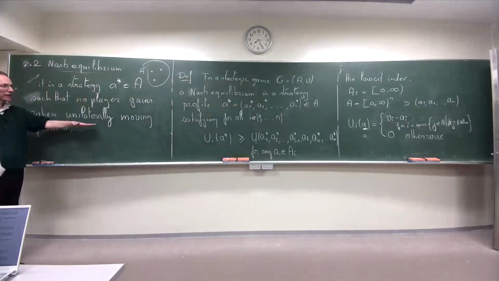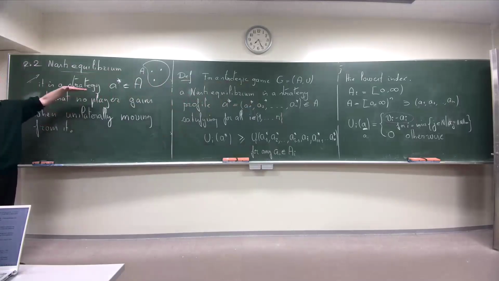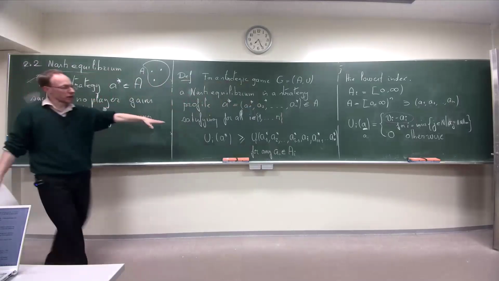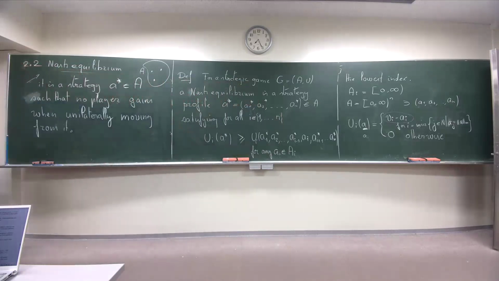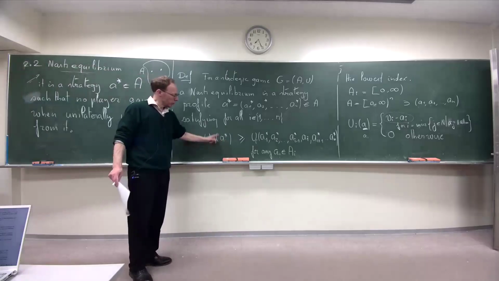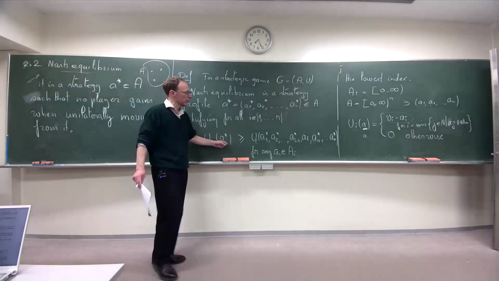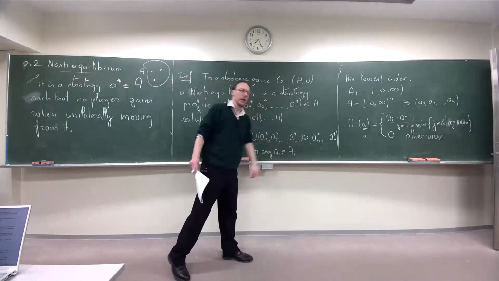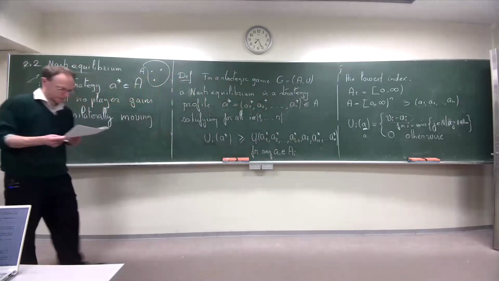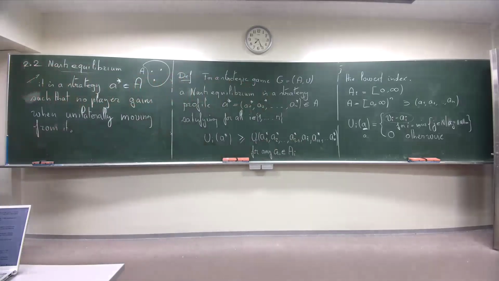And if you think about it, it means exactly this. The utility function cannot increase by moving away from this point. So please think about it a second. If this point is special because its value is bigger than any other point when you change only one variable, the variable i, so it's like a maximum.